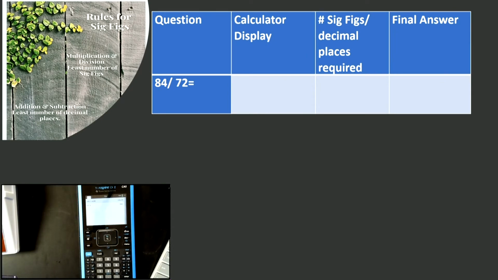All right, this next calculation is 84 divided by 72. We're still focusing on our least number of significant figures. Both of these have 2 sig figs, so we'll write down 2 SF. Put into the calculator 84 divided by 72, and that's going to give us 1.11666 recurring.